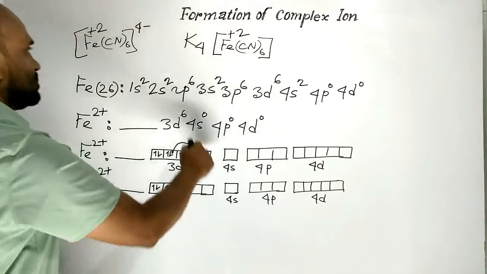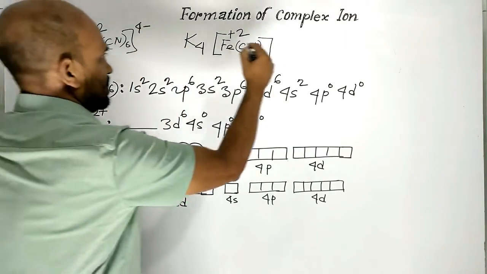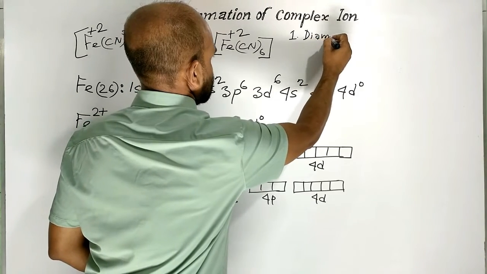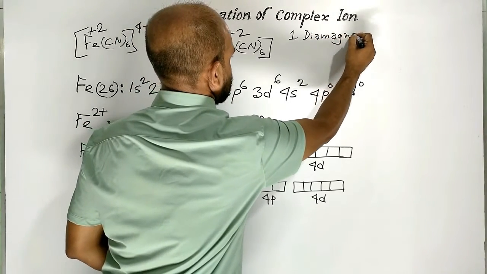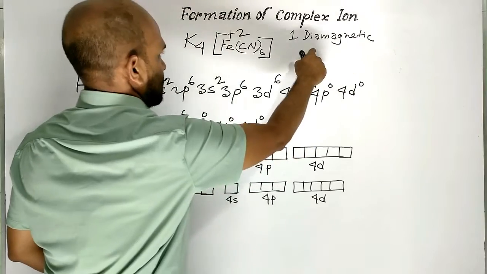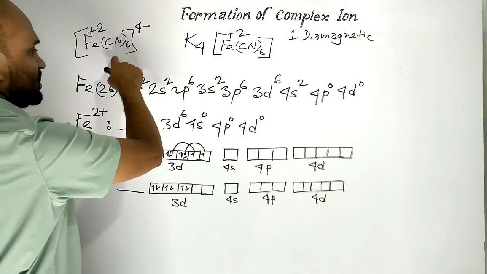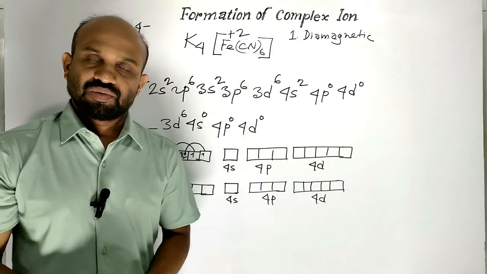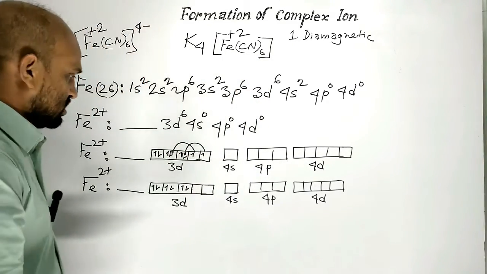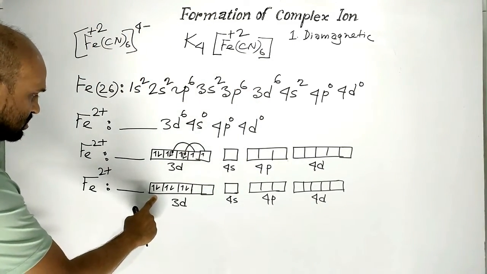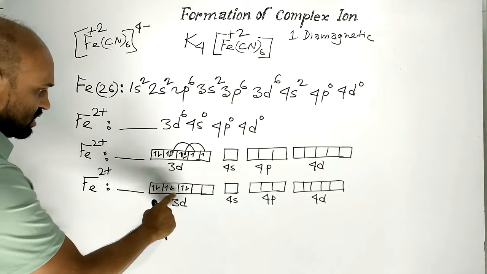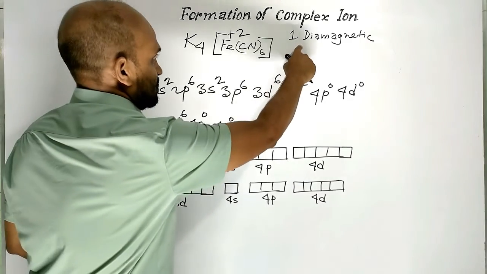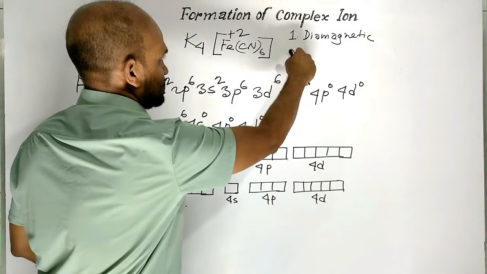By experiment we know that this ion is diamagnetic in nature. That means this ion has no unpaired electrons. Here we see that iron 2 plus ion has no unpaired electrons. That is why this is diamagnetic in nature.